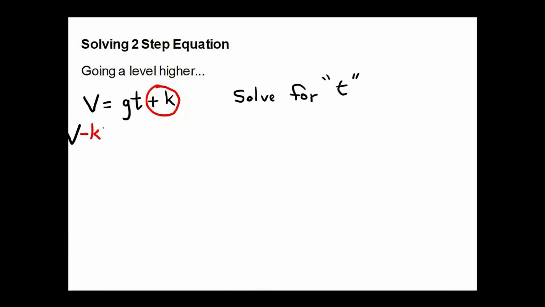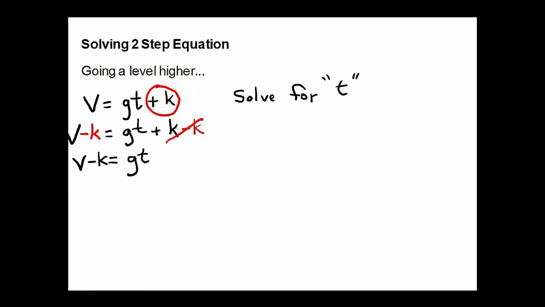I've seen students that write it in front and they sometimes make a sign error. So if I subtracted a k on the left, I have to also subtract it on the right. Clean up. There's nothing you can do on the left. The v minus k, they're not like terms. And on the right the k's canceled.